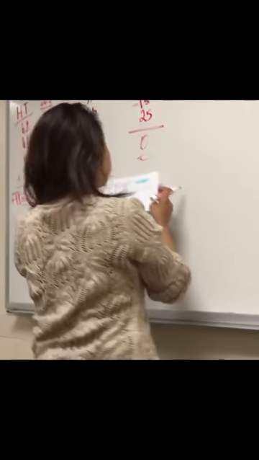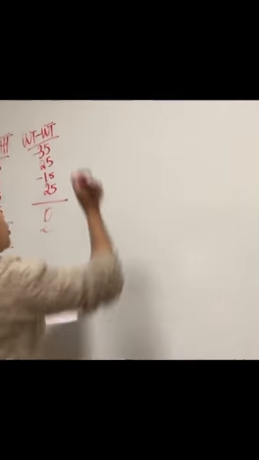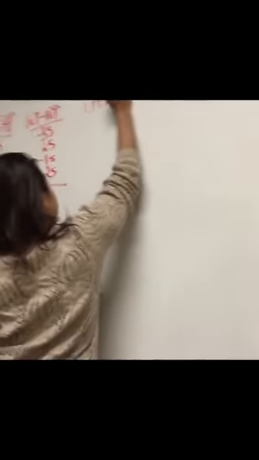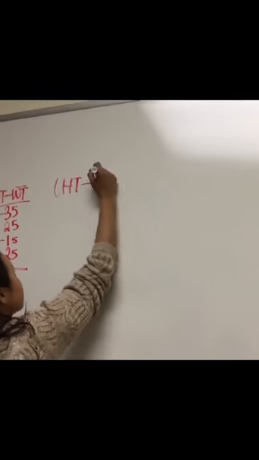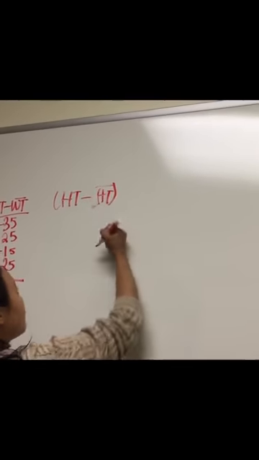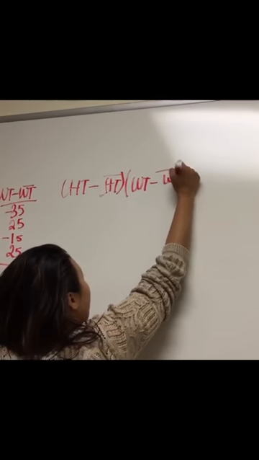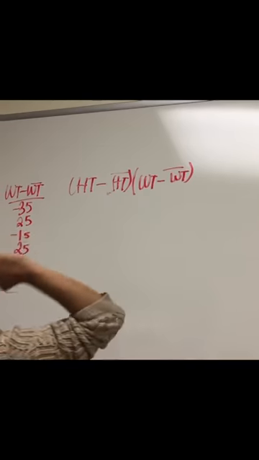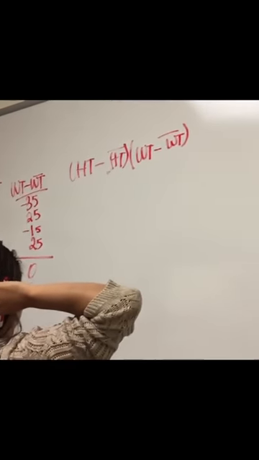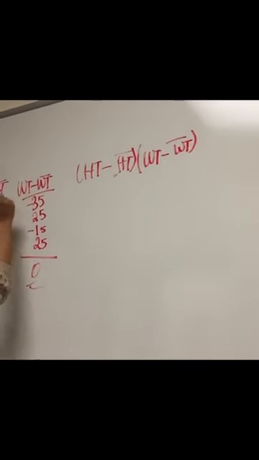Perfect. For our third column, we take the height minus the mean of height, and multiply it by the weight minus the mean of weight. We multiply these two.